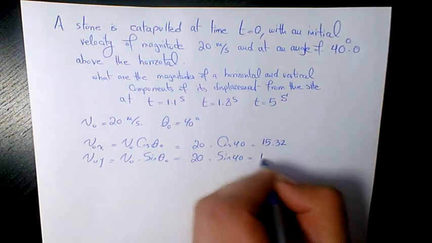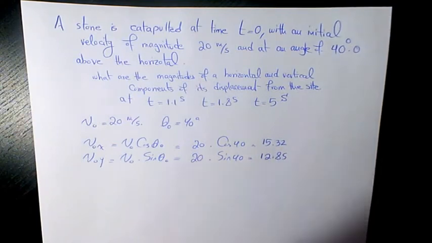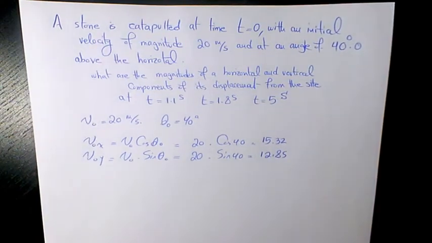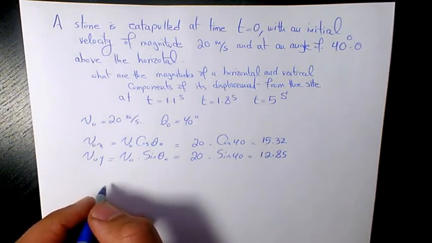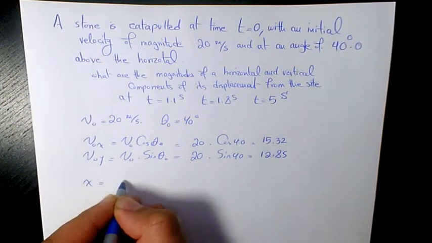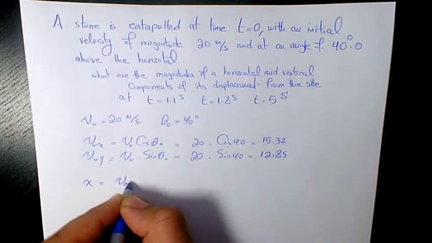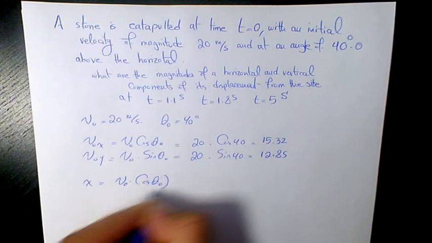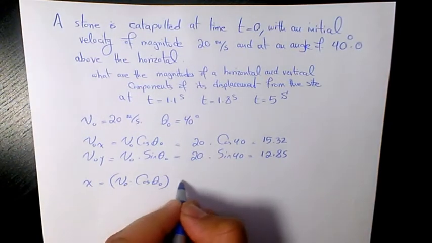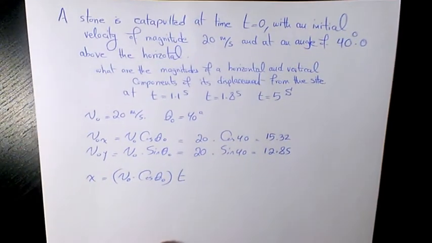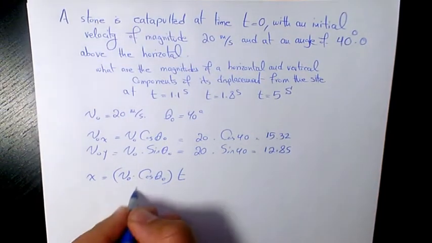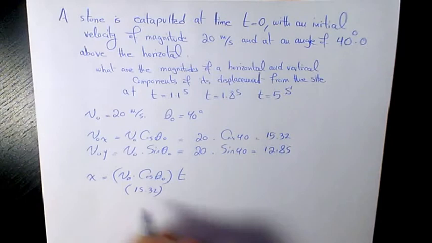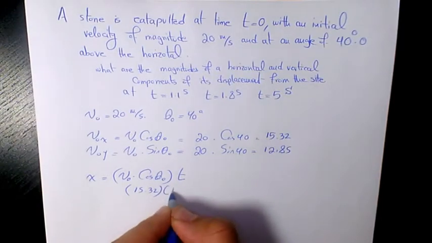That will be 12.85. So what we can do, we can find out the x and y. So x will be v naught cosine theta naught, which is v naught x times t, which will be, we already found that, 15.32 times the time, which is 1.1.